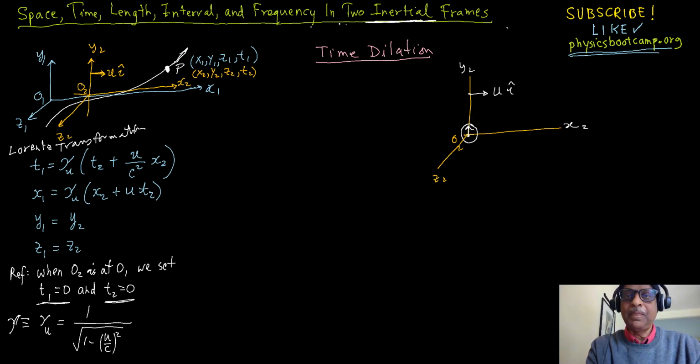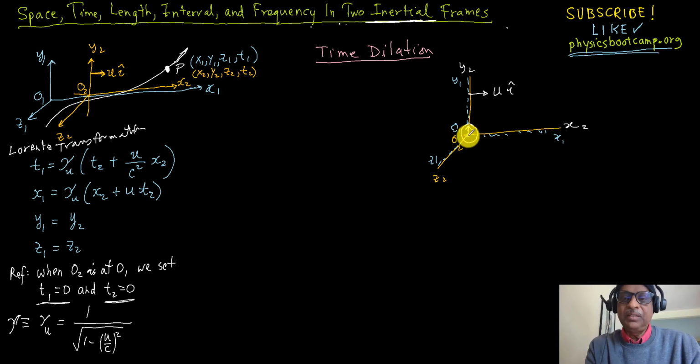And when we look at the other, this is O1, and this is Y1 and Z1, X1. So at this instant, we have two clocks which are kind of on top of each other, and we can compare.